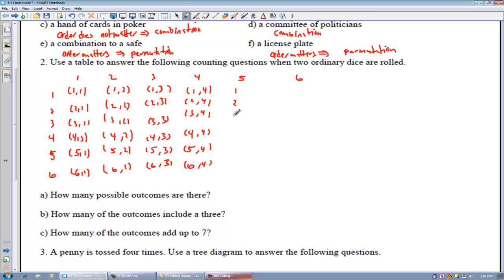Then 1, 2, 3, 4, 5, 6, now 5s. And finally the last one, 1, 2, 3, 4, 5, and 6, and then 6s.